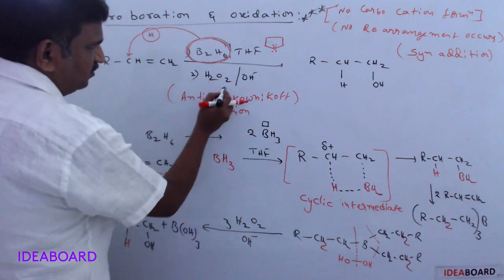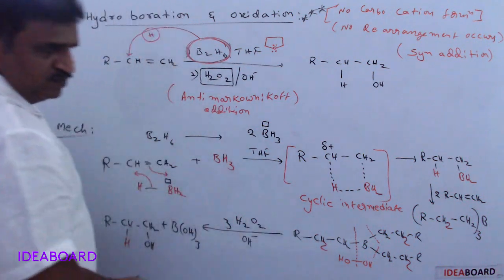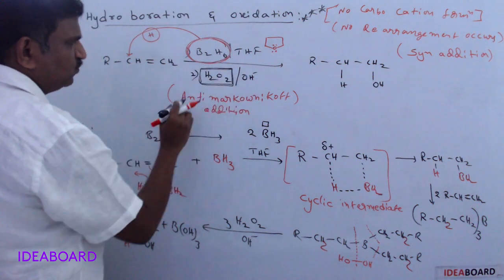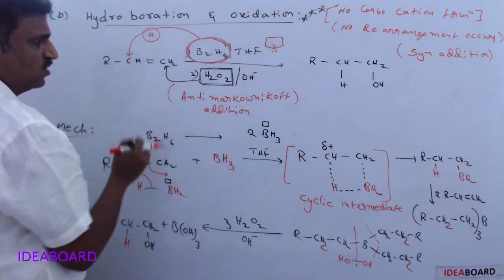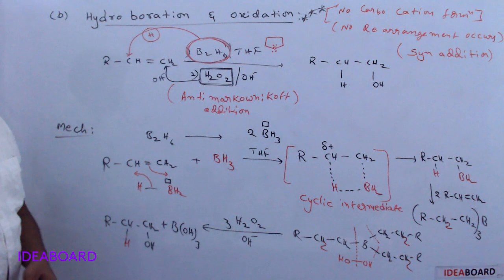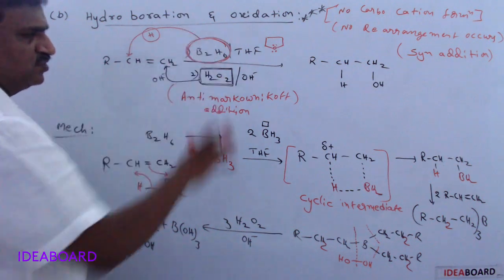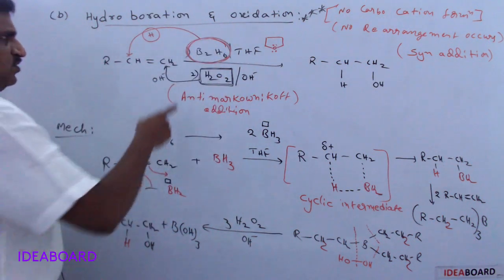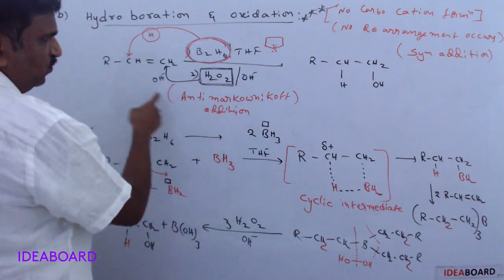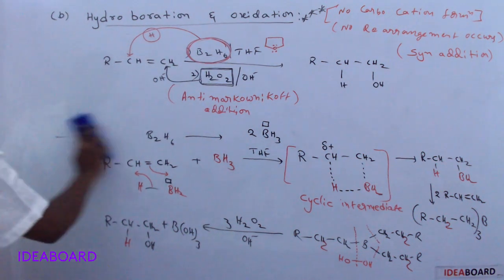From the H2O2 molecule, please remember, what are we adding? OH groups. Simply, to write the products, the OH group is added at the carbon containing more hydrogen atoms. That is the simplest way to write the products for hydroboration oxidation. So first we add hydrogen to the carbon with fewer hydrogens and the OH group to the carbon with more hydrogens. I will give an example, and you can understand easily from that.